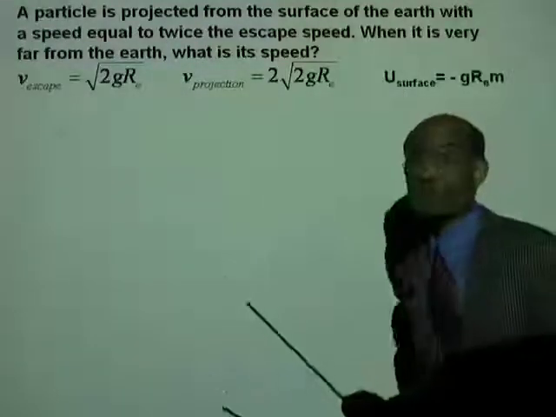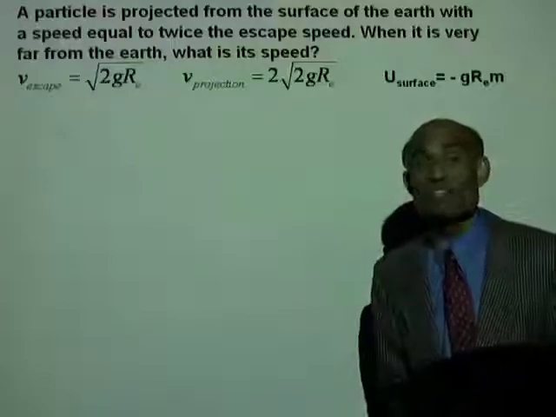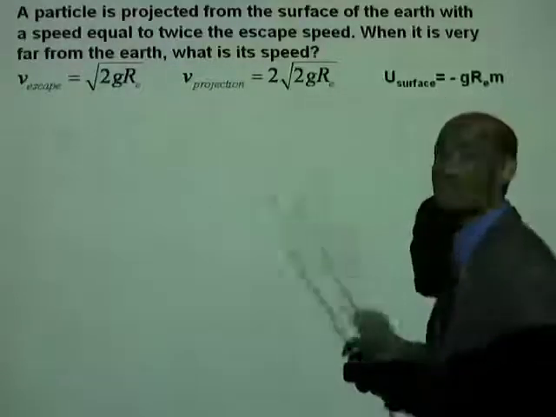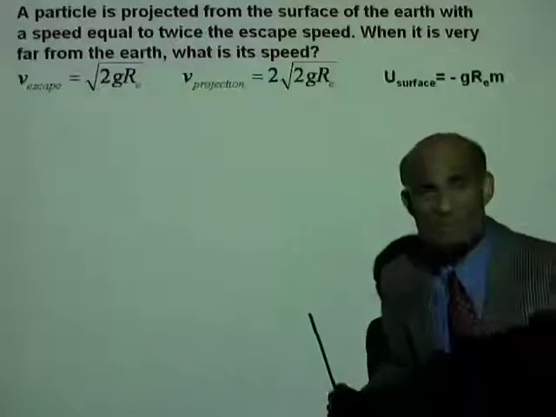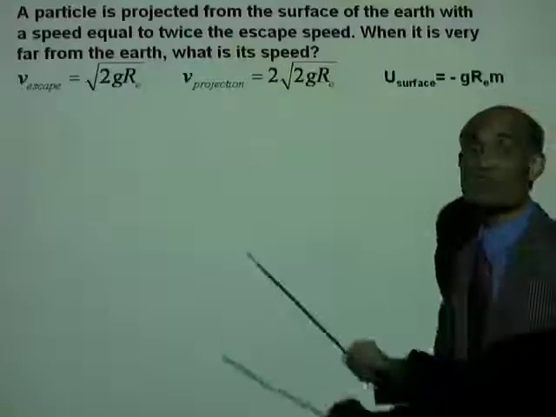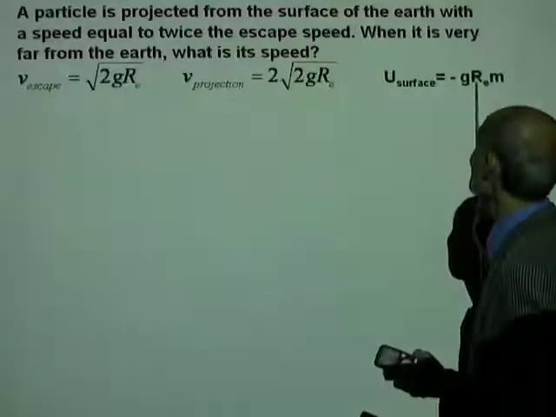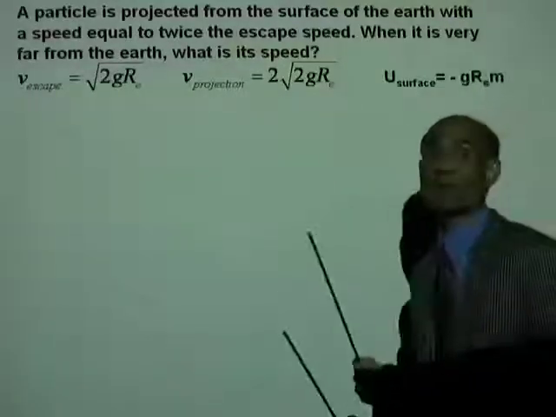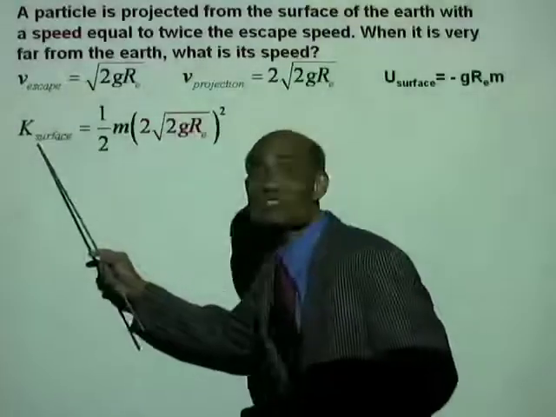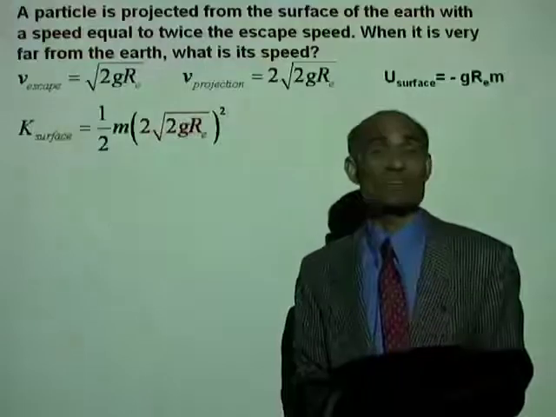And what is the potential energy on the surface of the Earth? You must make this equation familiar, as accessible to you all the time. The potential energy on the surface of the Earth is negative GREM. What is the kinetic energy on the surface of the Earth?